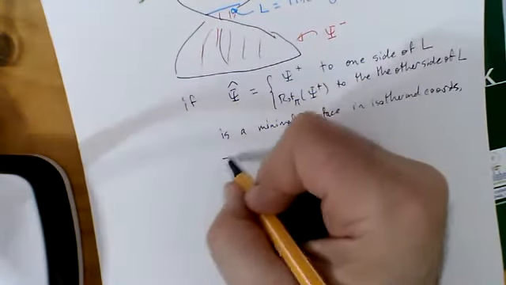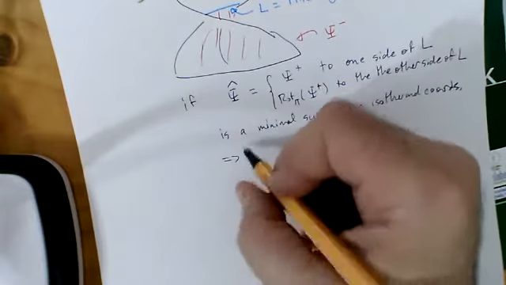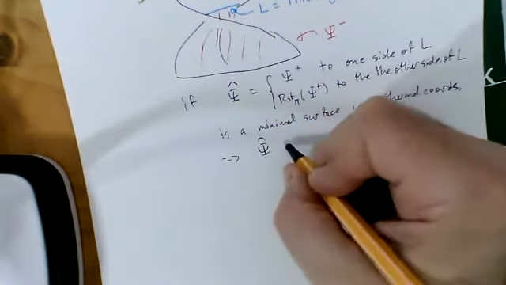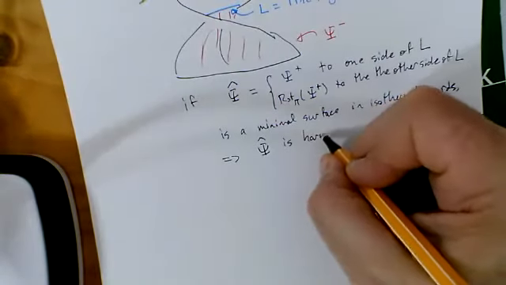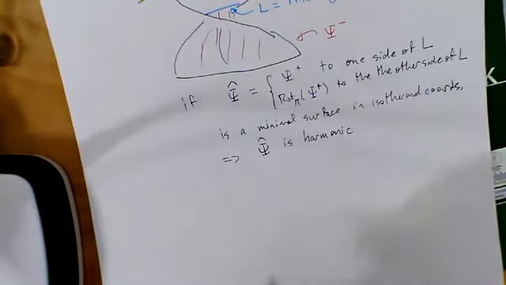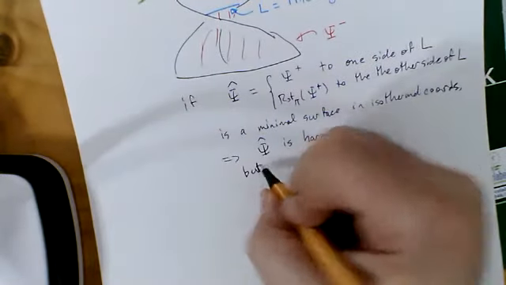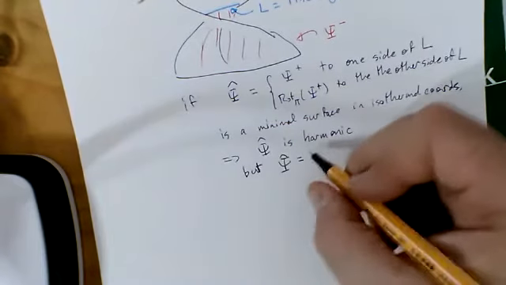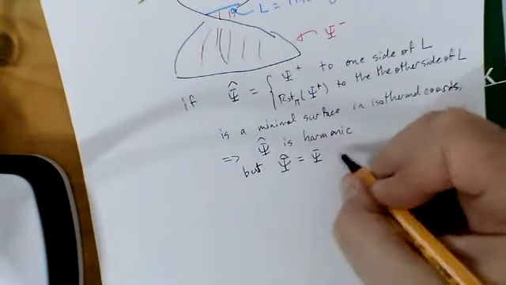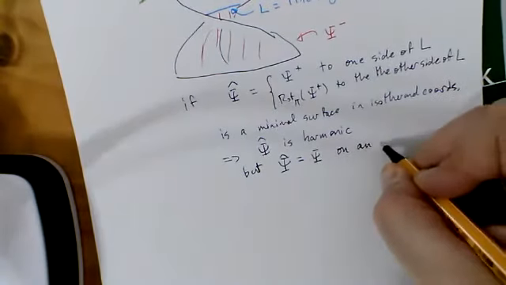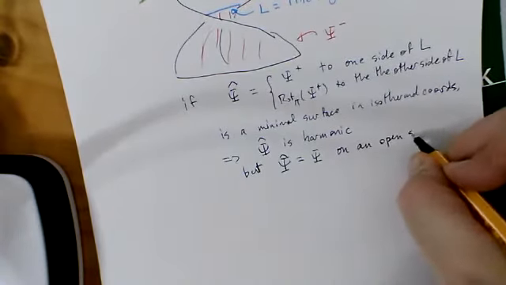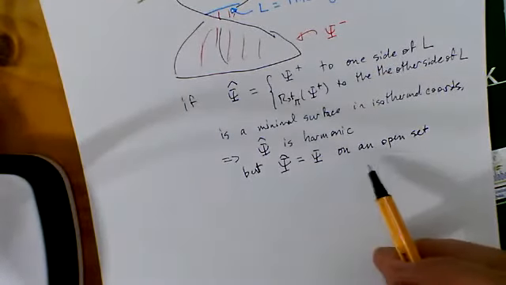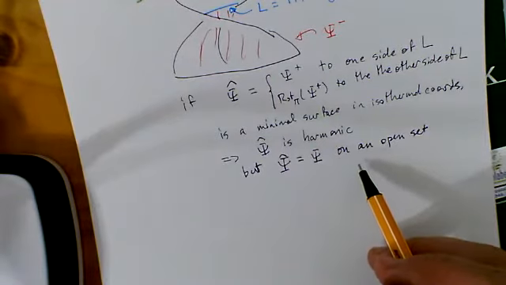Okay, so what does this mean? This means that the coordinate functions are harmonic. But psi hat is equal to my original psi on an open set. And harmonic functions satisfy the unique continuation property.